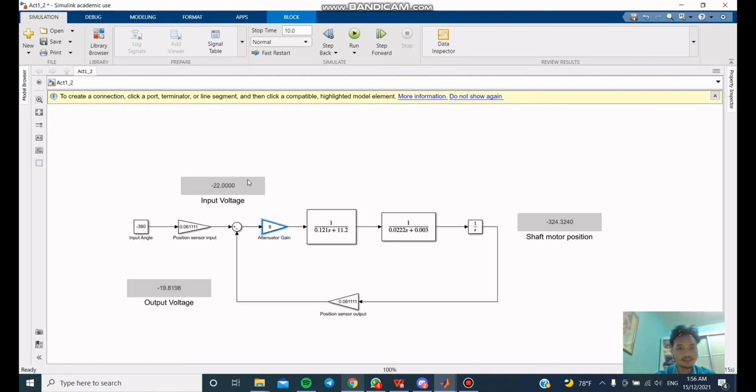We can see the display shows the negative value, and the value will increase. If we change the input angle to positive 360, the value will be positive: the input voltage will be positive 22, this is positive 324, and this is positive 19.